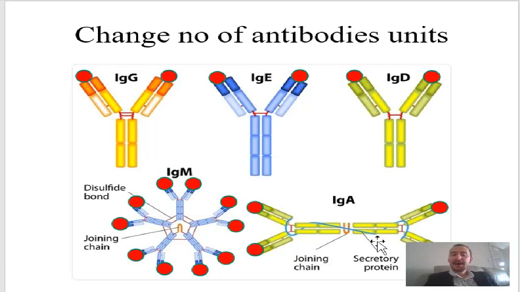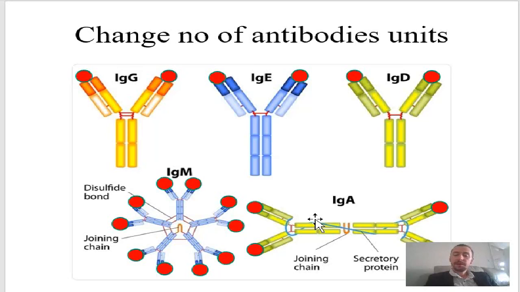And again, the structure and the way these immunoglobulins are composed makes them suitable for different types of infection at different regions of the body. Okay, so when we're talking about differences between immunoglobulins, then we need to consider the number of constant regions and also the amount of monomers and how they're structured together.